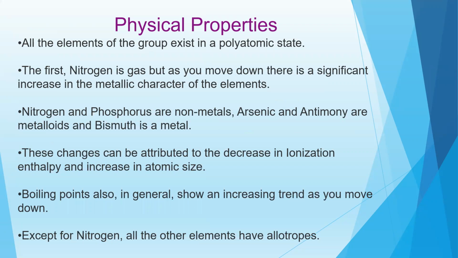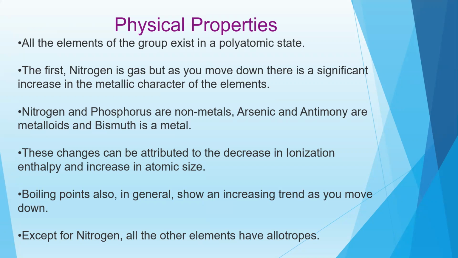Physical properties of group 15 nitrogen family elements: all the elements of the group exist in a polyatomic state. Nitrogen is a gas, which is the first element of this nitrogen family group. But as you move down, there is a significant increase in the metallic character of the elements.